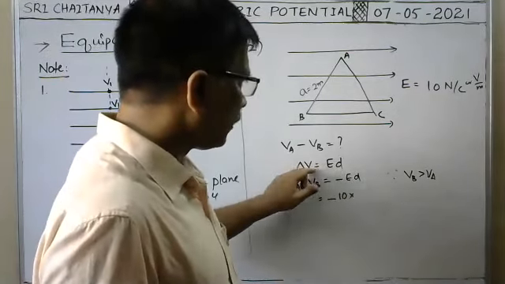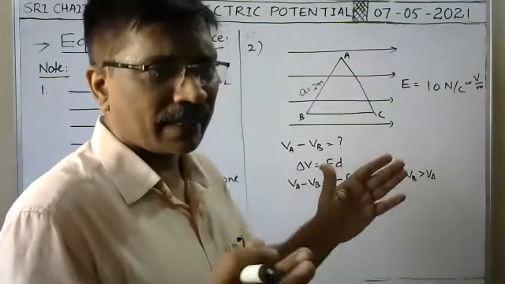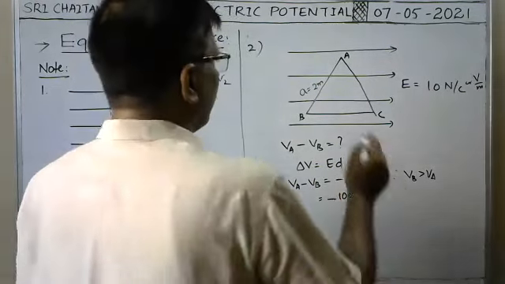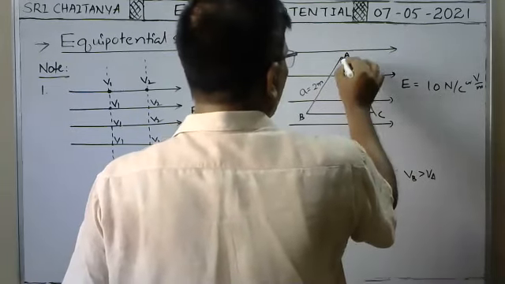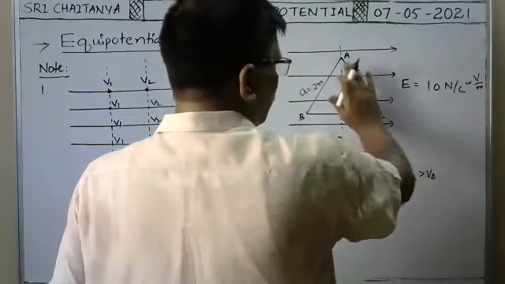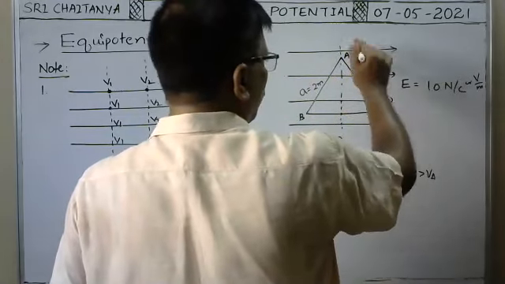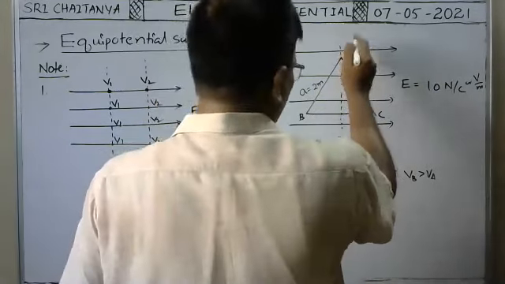In this formula, delta V is equal to ED, D is the distance between the 2 points along the direction of the electric field only. But here, this is the distance along this direction. Suppose you draw an equipotential surface here, perpendicular to the direction of the field.